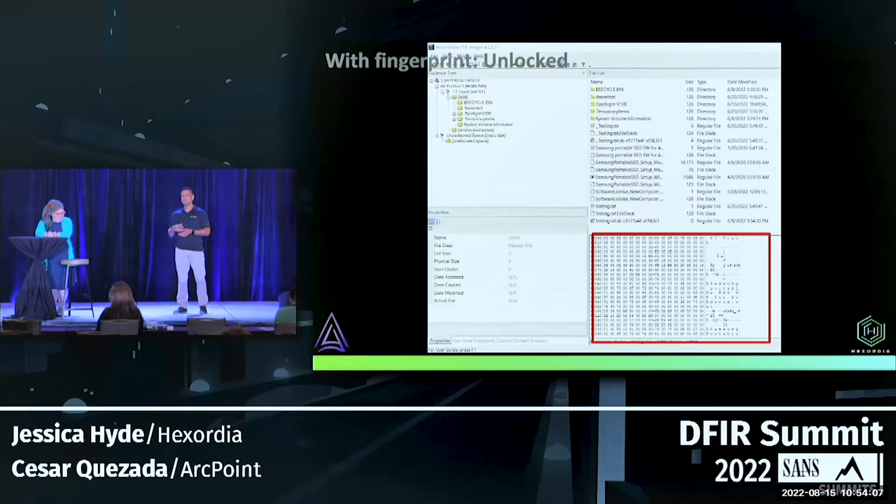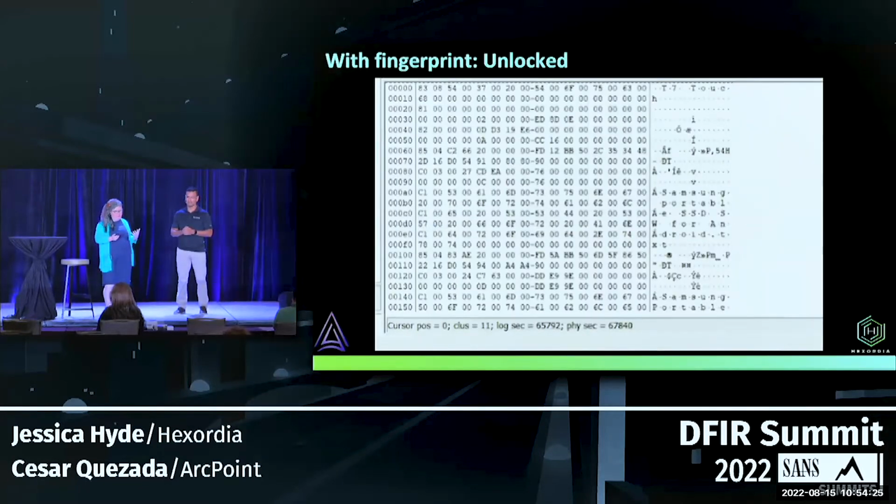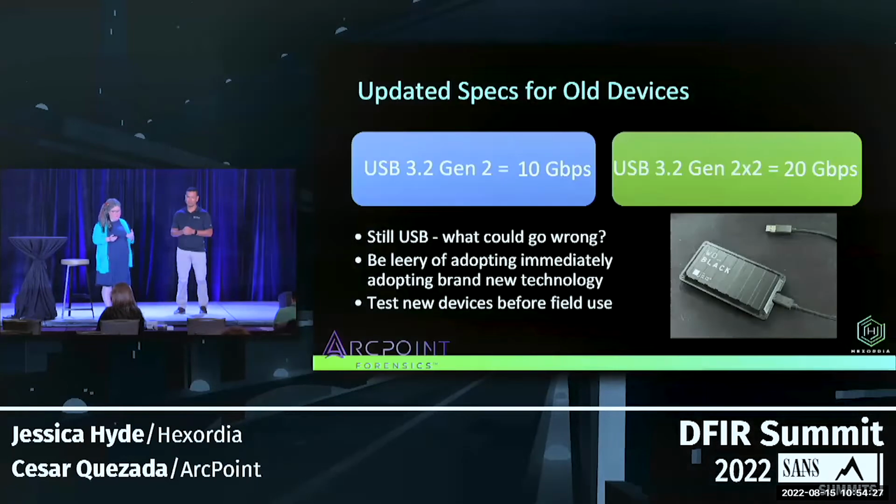You could see that it's a bunch of unallocated space. You might think there's nothing on here or something's wrong with the drive, when in fact you need a fingerprint or some other security measure to unlock it for you to take a look at it. And something key here is that even in the lock, there appears to be data. So you could be misguided and think that it was just a less used drive if it's unlocked.